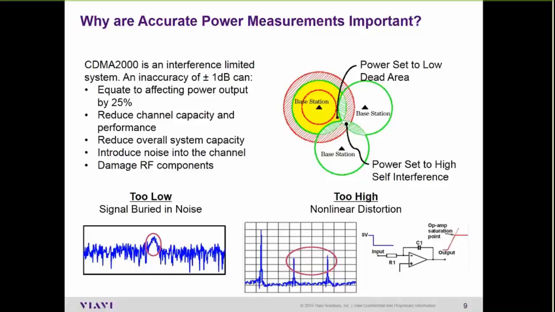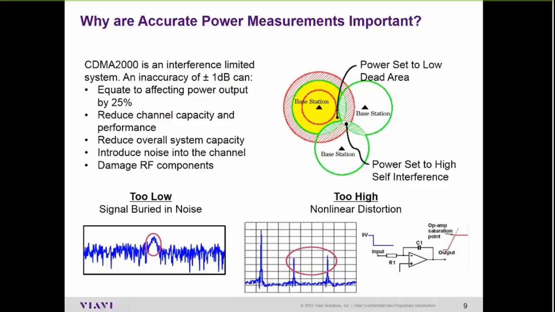And so one of the things we found back then is just a 1 dB delta, plus or minus 1 dB, can equate to about a 25% reduction in capacity or network coverage. So if you have a coverage hole, it's possible your power is only off by plus or minus 1 dB. And again, this little small center red circle here is a minus 1 dB coverage.